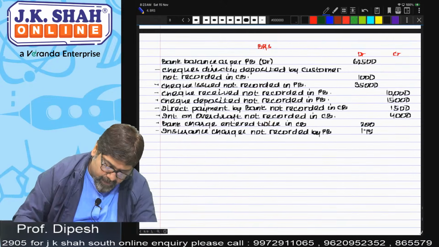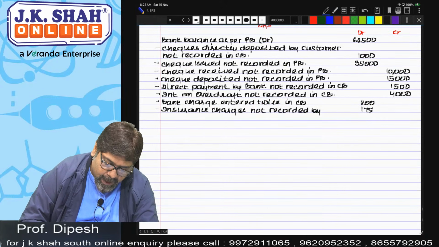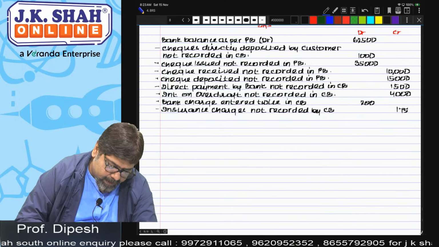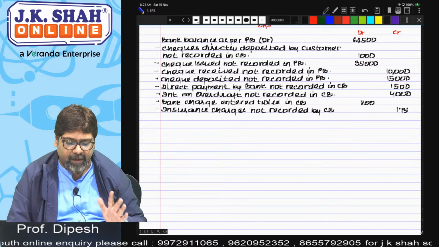It was not recorded in the cash book. In the cash book, the expense will come on the credit side. Insurance charges not recorded in cash book.